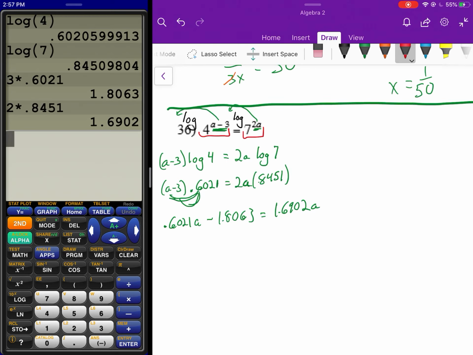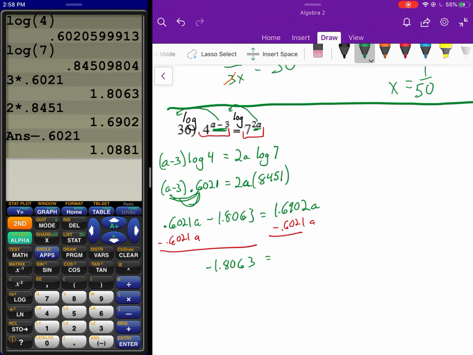We will go ahead and subtract 0.6021a from both sides. 0.6021a, which leaves us with negative 1.8063 equals, and we can do 1.6902 minus 0.6021.